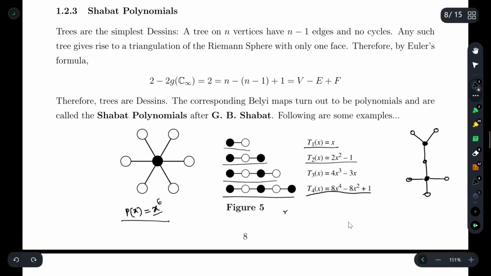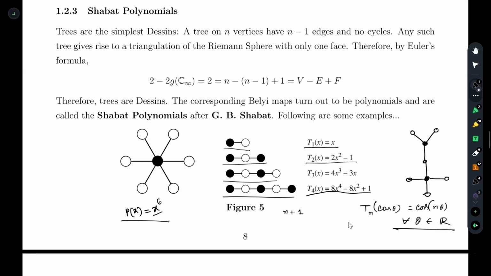This is the Chebyshev polynomial of the first kind, and it satisfies the condition that Tn(cos theta) equals cos(n theta) for all theta in R. By induction, you can define from T1(x) all these Tn(x), and they satisfy some recurrence. It is just the expression of cos(n theta) in terms of cos theta and its powers.